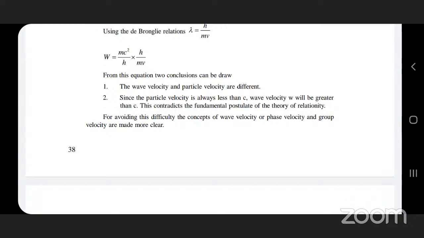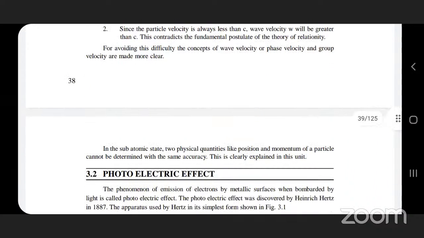The particle velocity is always less than the velocity of light c, and the wave velocity w will always be greater than the speed of light. So here there is a contradiction with the fundamental postulates of the theory of relativity proposed by Einstein. To avoid this difficulty, the concepts of wave velocity or phase velocity and group velocity are made more clear.